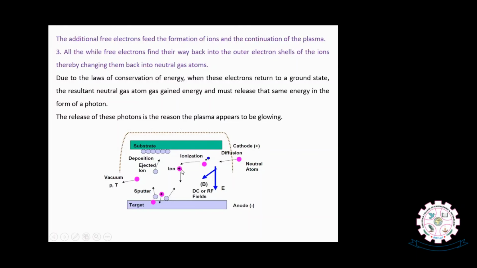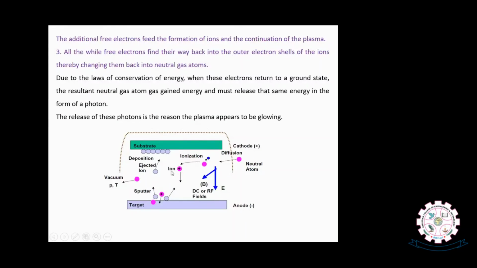These Ar plus ions are positive, and your target is at a negative potential. So what happens? They will come and transfer their momentum to the target. This energy is sufficient to remove the atoms from the target, and these atoms are released and they will deposit onto the substrate, because this entire assembly is under vacuum. This is the principle called sputtering.